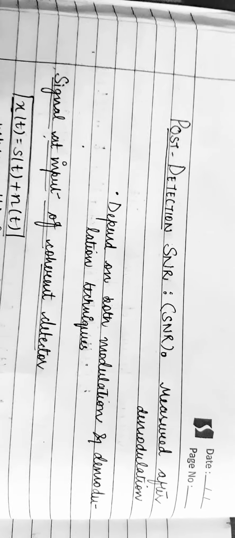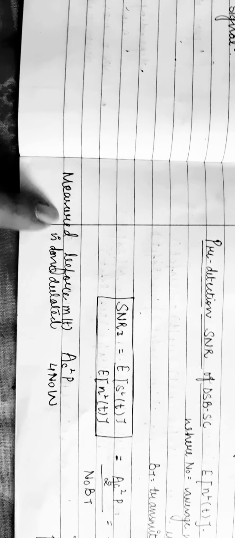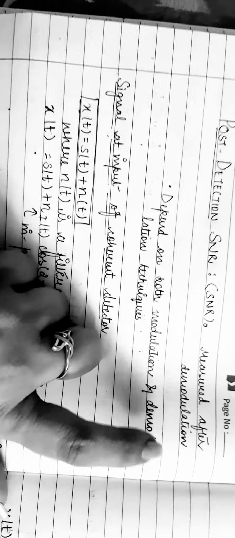Now, for the calculation of post detection, we'll calculate the post detection SNR, which is measured after demodulation. Note that when you calculate the pre-detection SNR, it is measured before m(t) is demodulated, while the post detection SNR is measured after the demodulation.